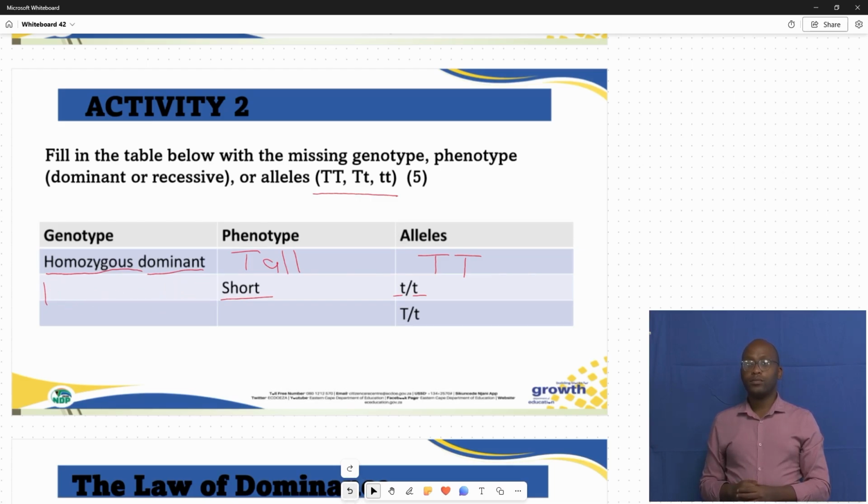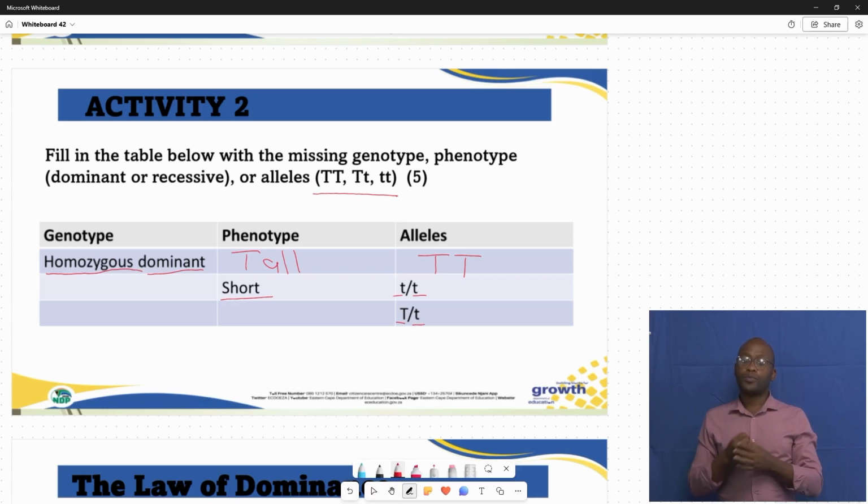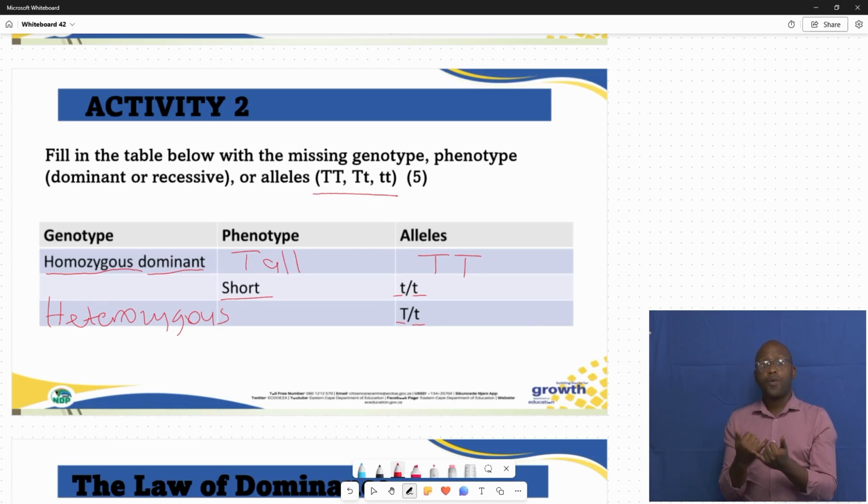Okay, now what have we been given here? The third one, we have been given 2 different alleles. So if we are given 2 different alleles there, it means that it has to be heterozygous. Okay, and the heterozygous will give us a tall phenotype.